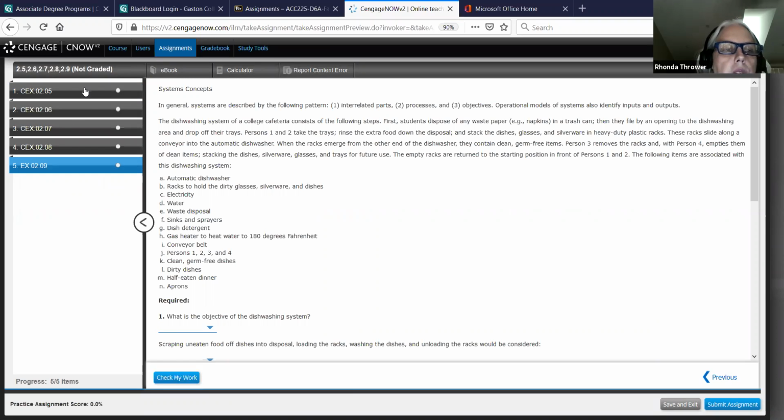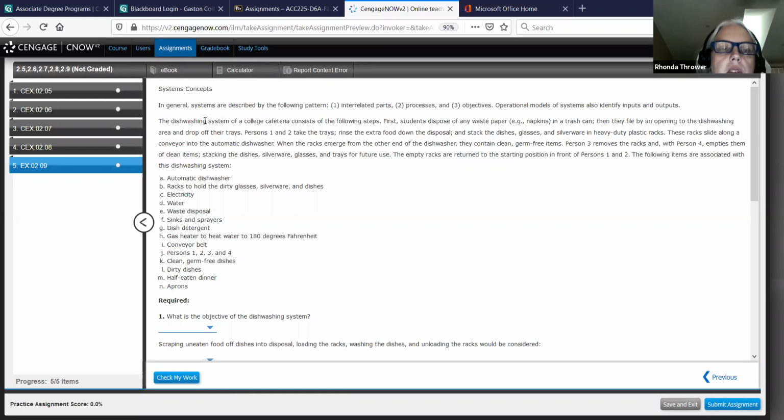And it's a little bit different from the other exercises that we've talked about today. This one has to do with systems concepts, which is something that they mentioned in the first couple of objectives in your chapter. They talked about systems, they talked about different accounting systems and what goes into the parts of a system.